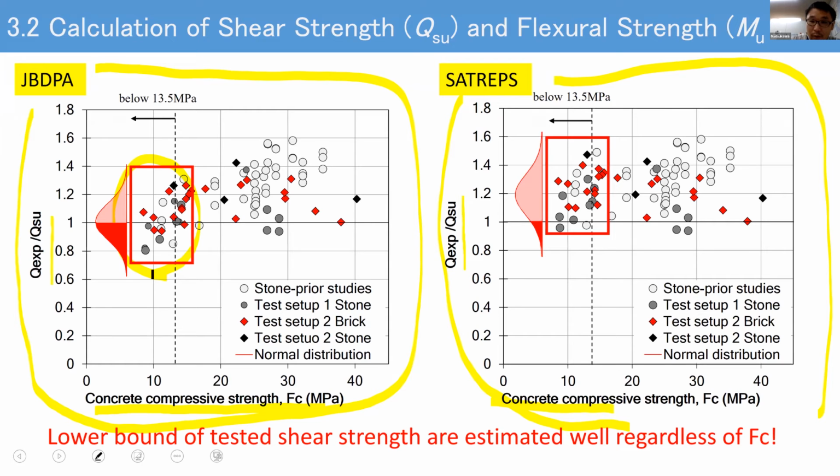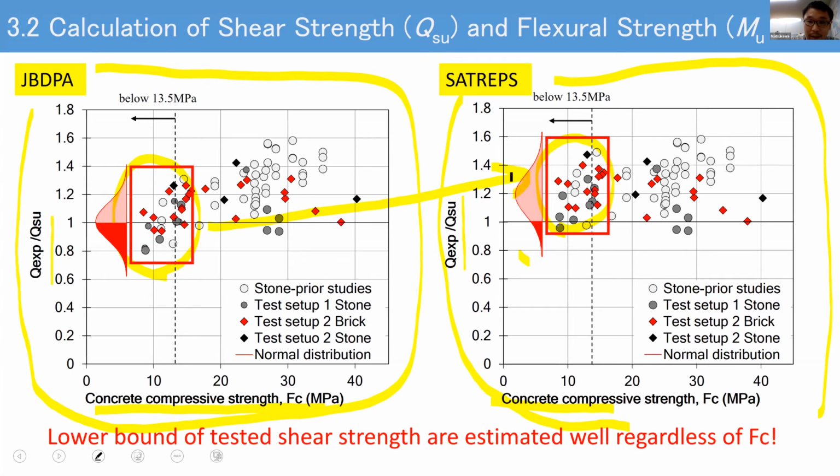But when we use a modified equation like this, the trend is very improved. And the target of shear strength estimation is to estimate the lower bound.